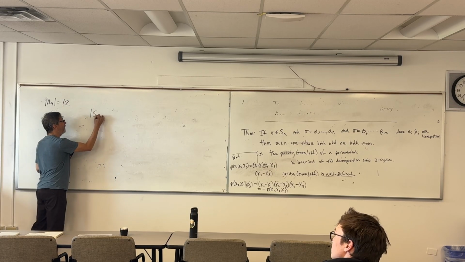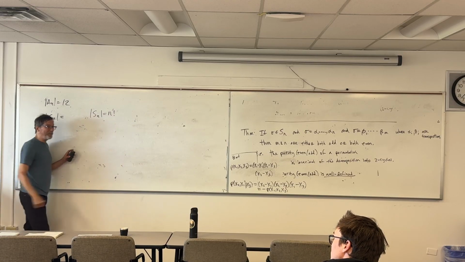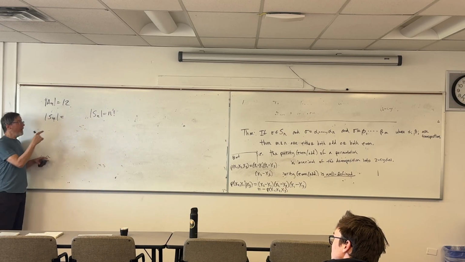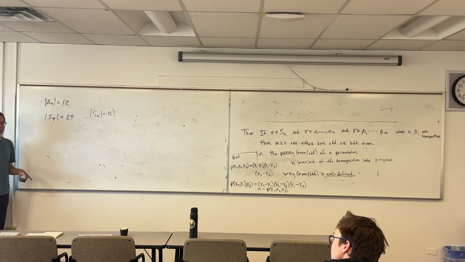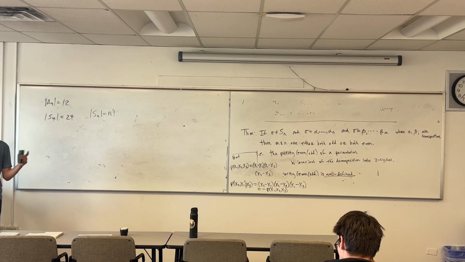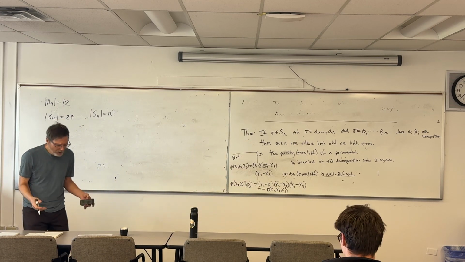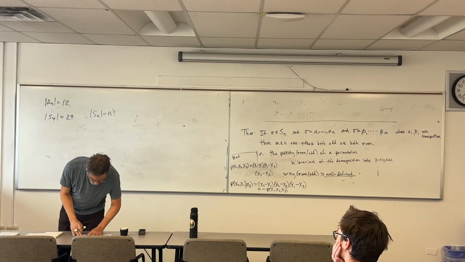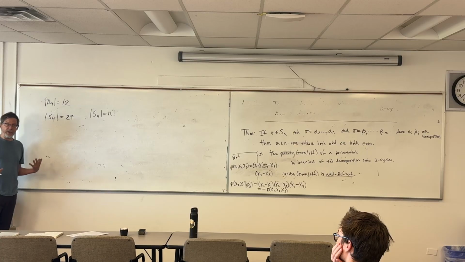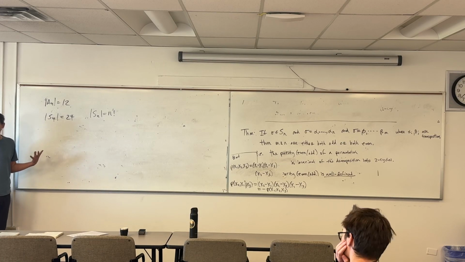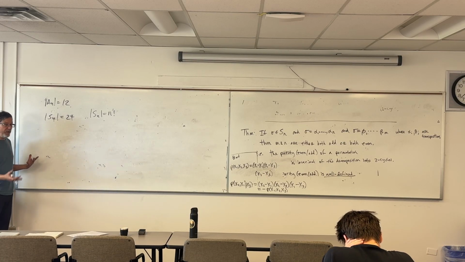The order of S sub n is n factorial. So this is exactly half the elements of S4, which is big. The Cayley table for S4 would be gargantuan. But here we just have the alternating group, which doesn't always have a beautiful geometric interpretation, but here it definitely does. It's that group of symmetries.